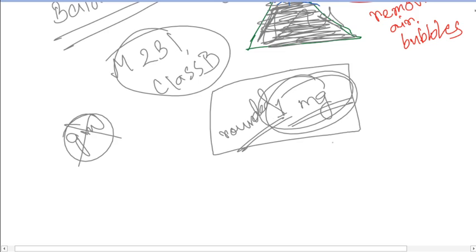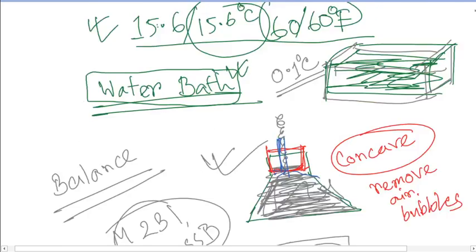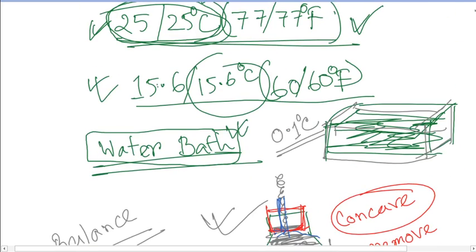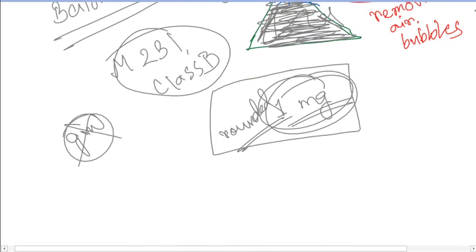So we need to maintain the temperature, and obviously we'll be using distilled water in this water bath as well. Distilled water will be used for filling up this water bath, and after that we will be using the pycnometer inside this bath. One by one we'll now start the procedure for this particular test.